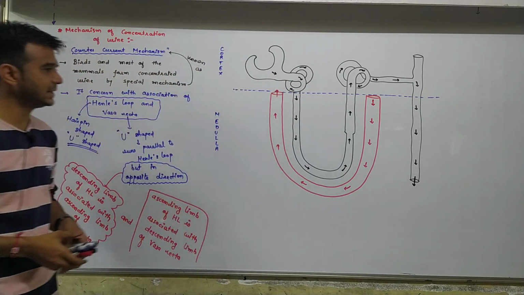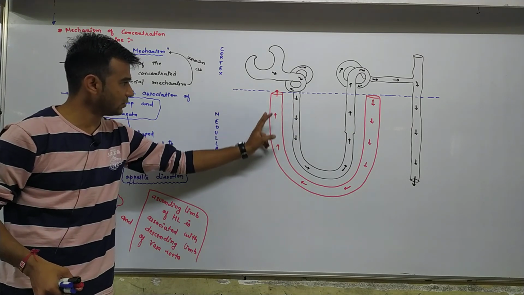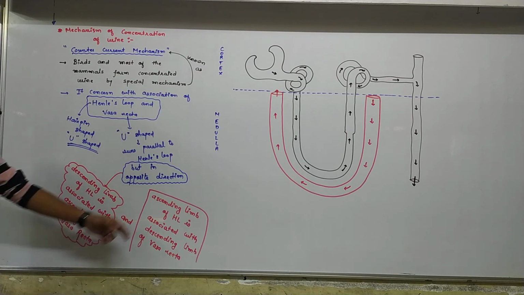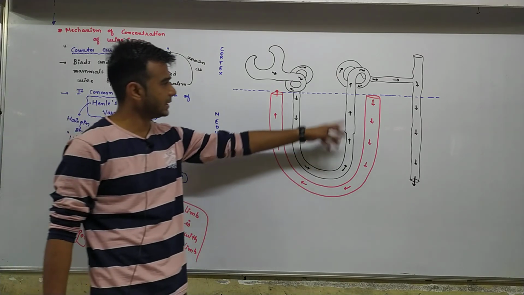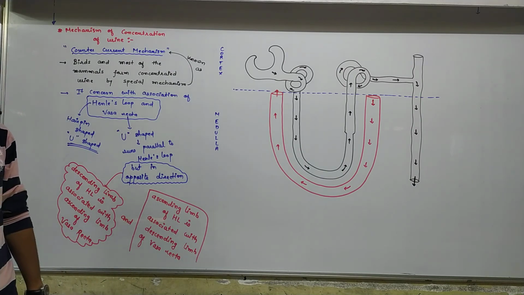So now what does this indicate? That the descending limb of the loop of Henle is now associated with the ascending limb of the vasa recta, and the ascending limb of the loop of Henle is now associated with the descending limb of the vasa recta.